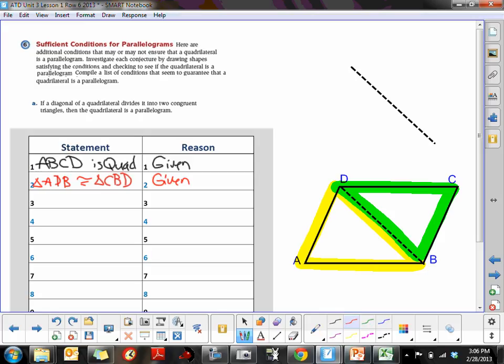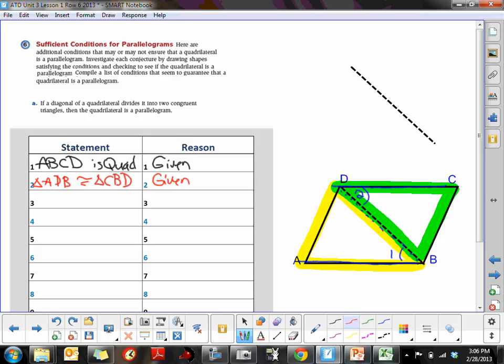So I'm going to highlight a few angles, angle 1 and angle 2. I know that angle 1 has to be equal to angle 2 because they are corresponding parts of congruent triangles. They are also on the interior sides of the lines DC and AB, and on alternate sides of this transversal.